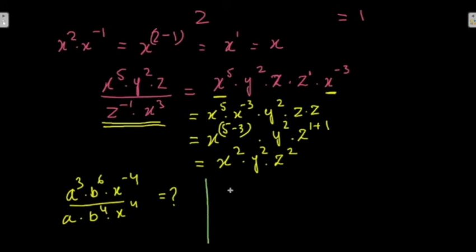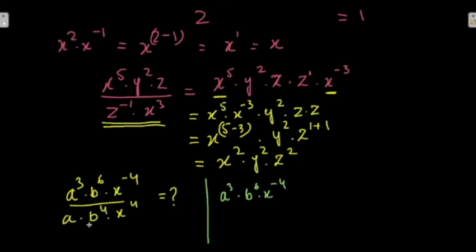Okay, what I said is that we'll take all the terms of the denominator into the numerator and then apply the properties of exponents. So it is a raised to power 3 into b raised to power 6 into x raised to power minus 4.